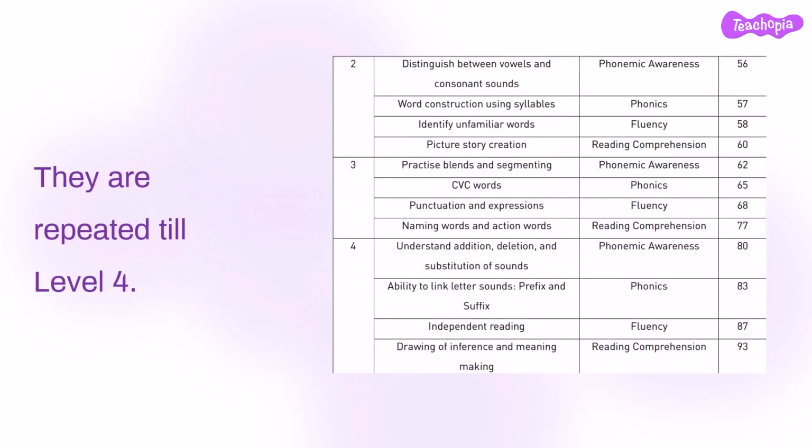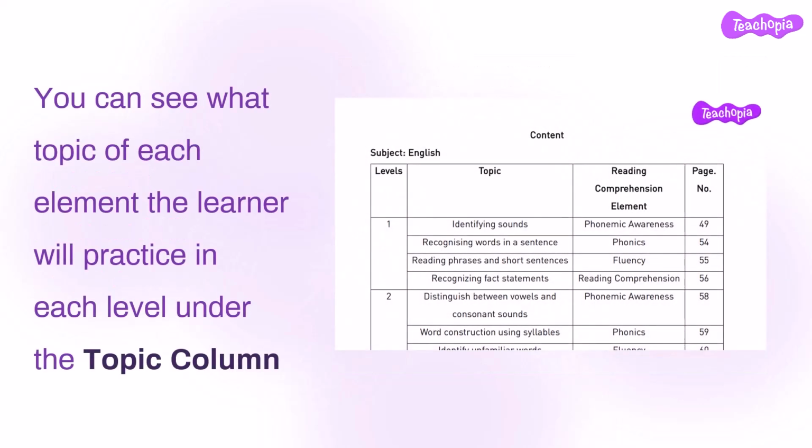These 4 elements are repeated till level 4. To see what topic under each reading element the learner will be practicing in that particular level, look under the topic column in the middle of the index.